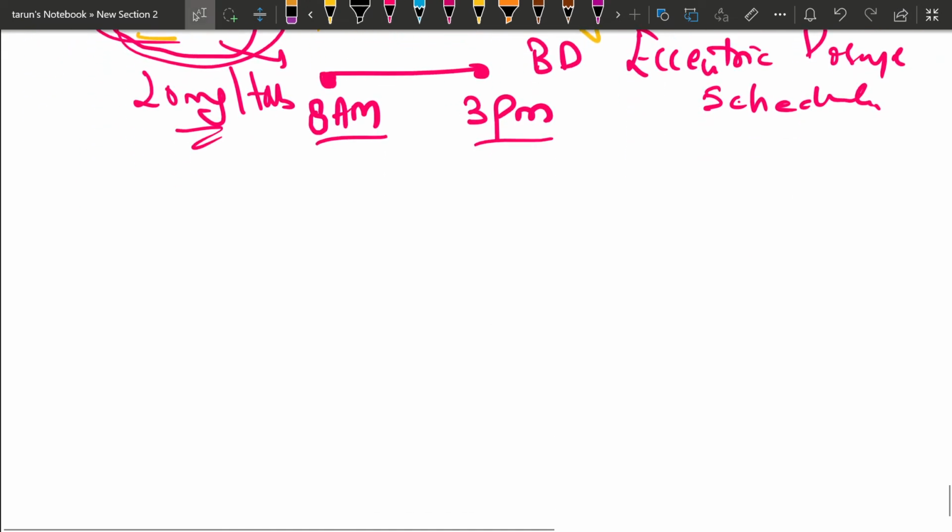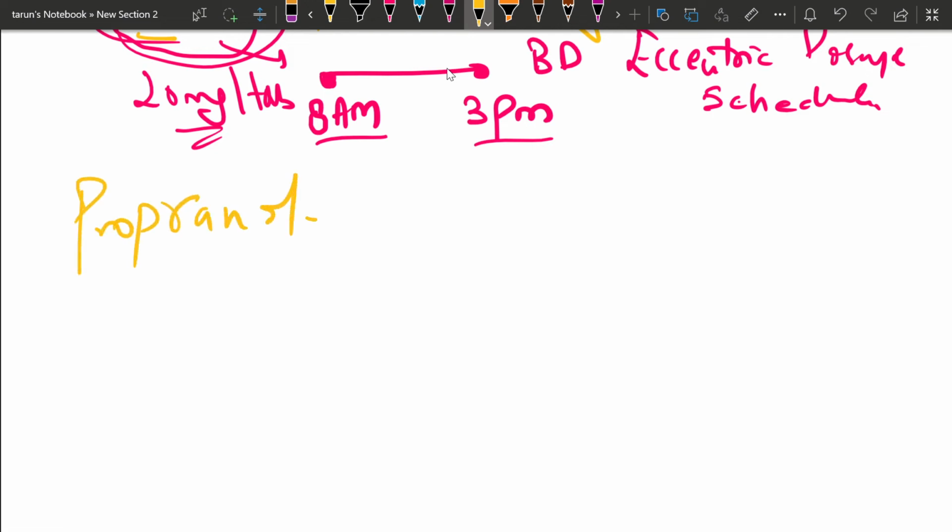Then for preventing the future attacks, you will prescribe beta blockers like propranolol. You will prescribe 40 mg twice daily.